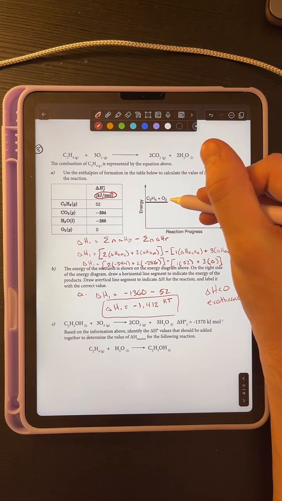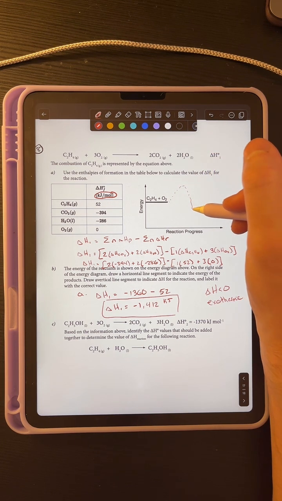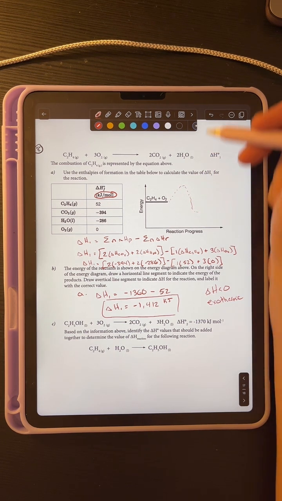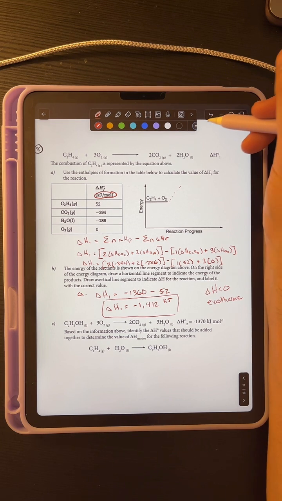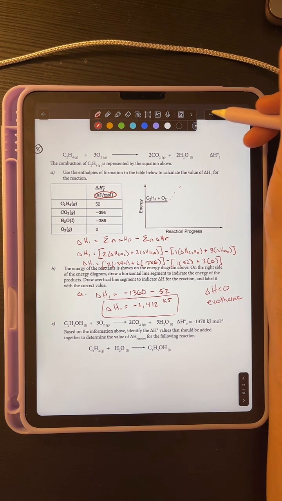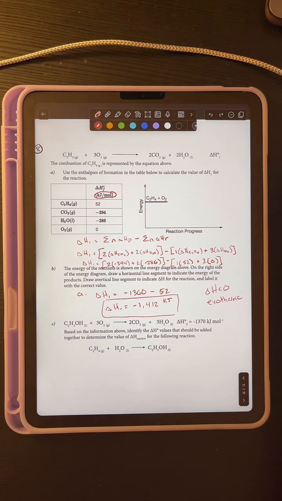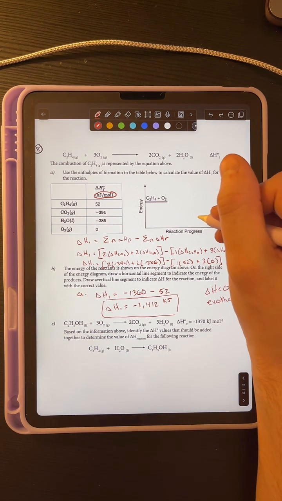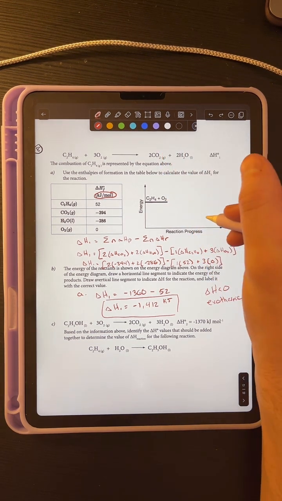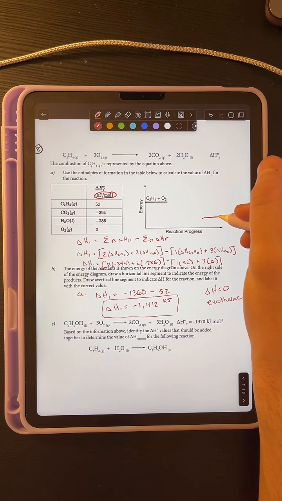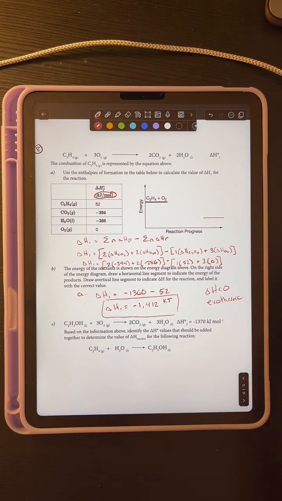So if we were to have an energy diagram, the energy of our products would end up below the energy of our reactants, which is exactly what we're going to draw. We see our energy here. Our products will end up somewhere, let's say down here. And that's going to be our energy of our products.